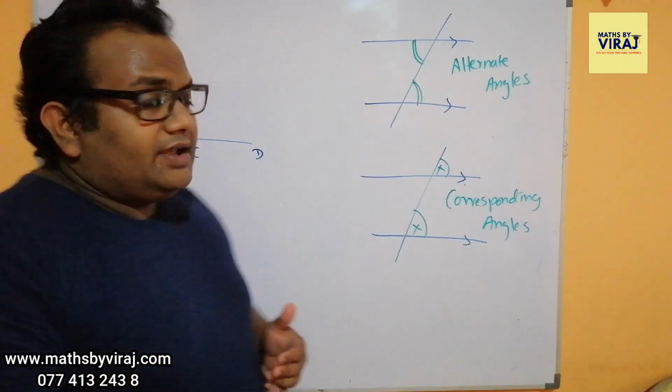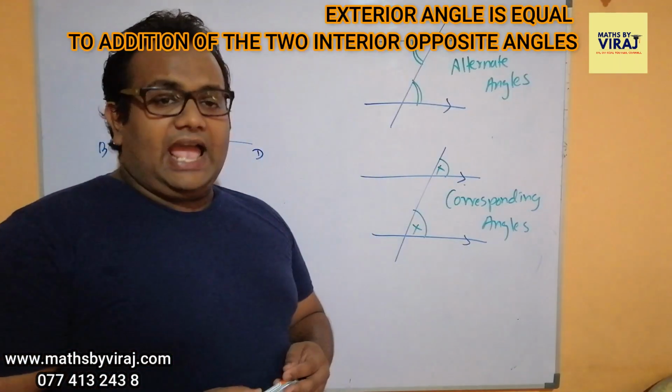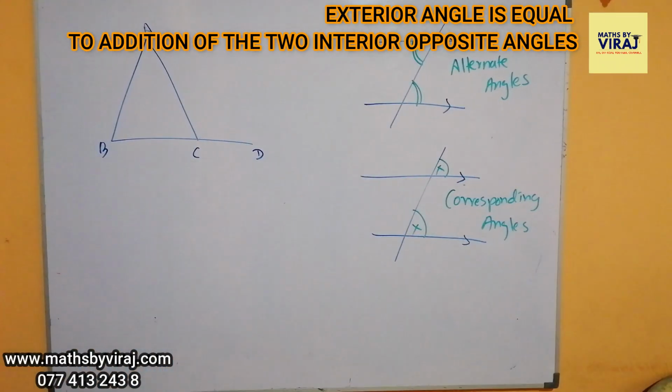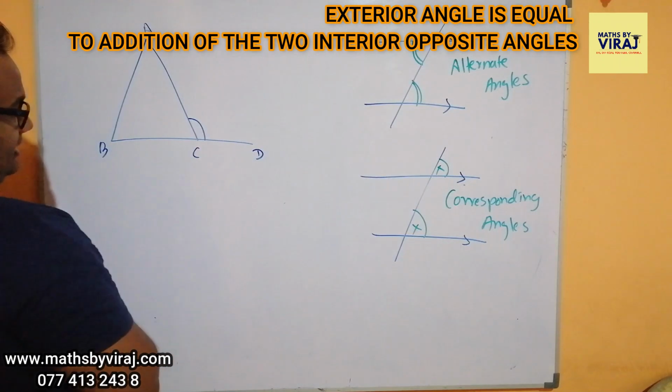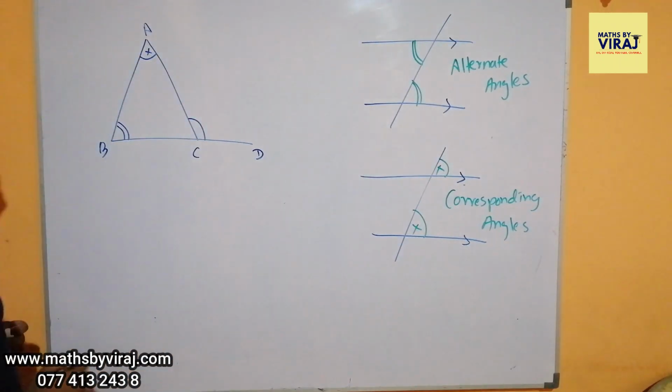So the first theorem that we are going to learn is: the exterior angle is equal to the addition of the two interior opposite angles. That is, we have to prove that this particular angle is equal to the addition of these two angles.